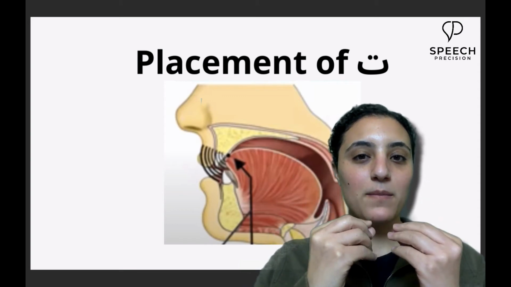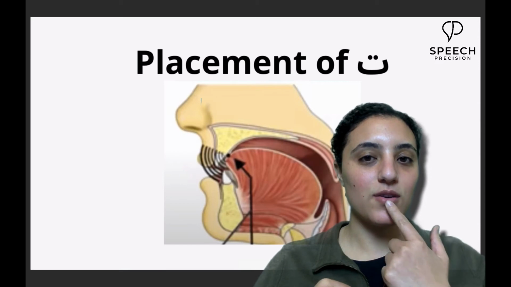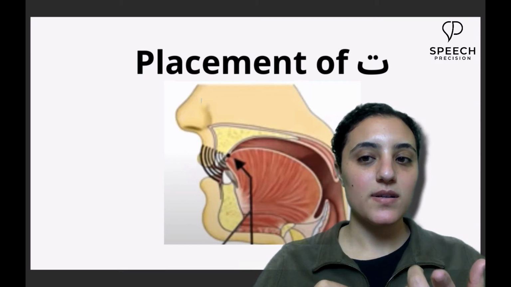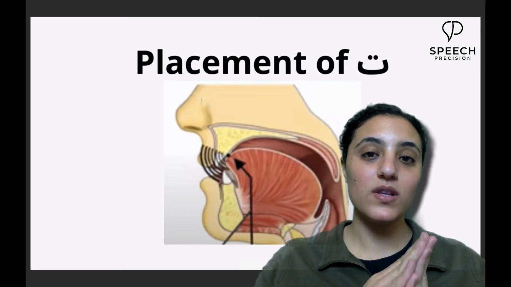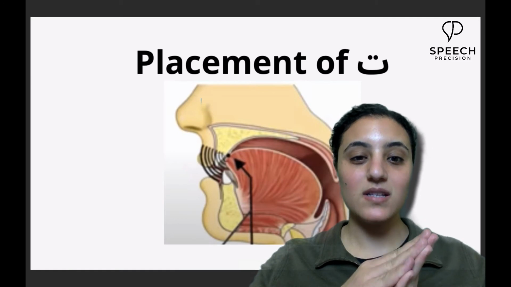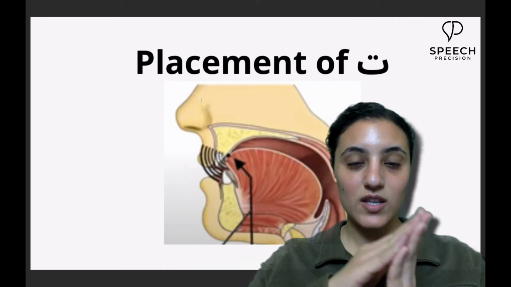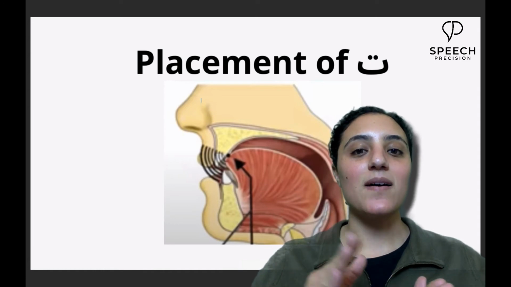So watch. I'm going to start with closed lips. Again, closed lips. That's the kind of sound we want for ta. So you want to fully touch and be closed, completely situated on that articulation point, and then release. Ta.